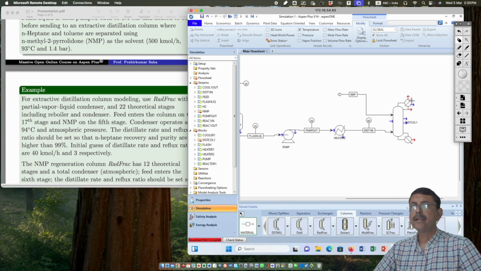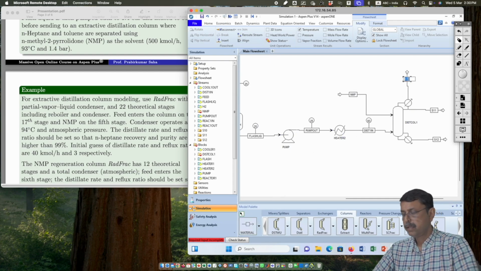And what are the outlets? It is partial vapor liquid. So we have both a vapor outlet and a liquid distillate outlet. And obviously we will have some bottom product as well. We will call them vent because it is vapor.